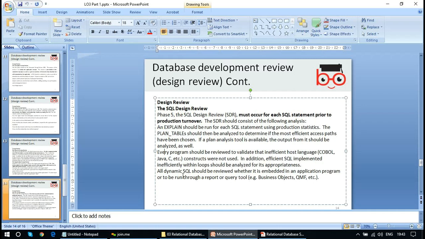In addition, efficient SQL implemented inefficiently within loops should be analyzed for its inappropriateness. All dynamic SQL should be reviewed whether it is embedded in an application program or to be run through a report or query tool. So it's not only the case that the programming tool is inefficient, but even your logic of retrieving the data can also be inefficient.